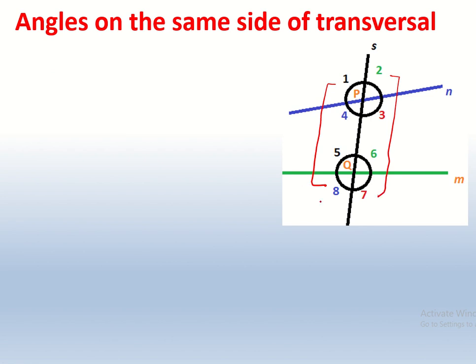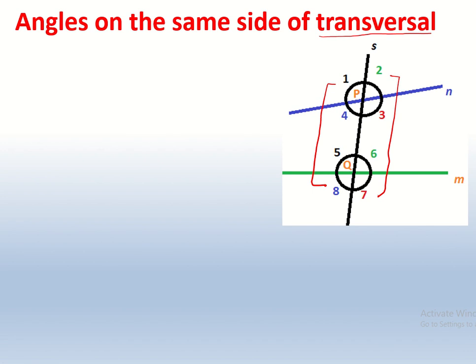We'll be forming pairs of these four that lie on the left side and pairs of these four that lie on the right side. So the transversal is forming angles with both the lines.